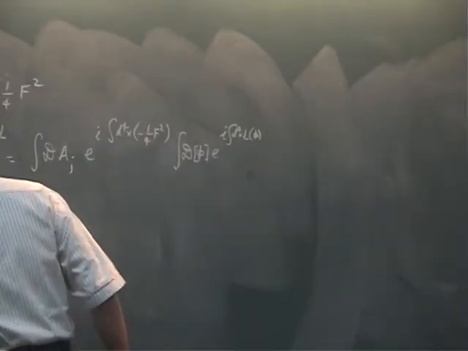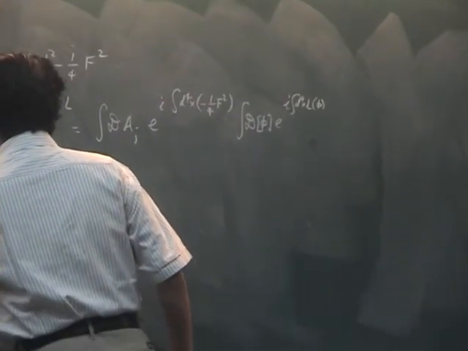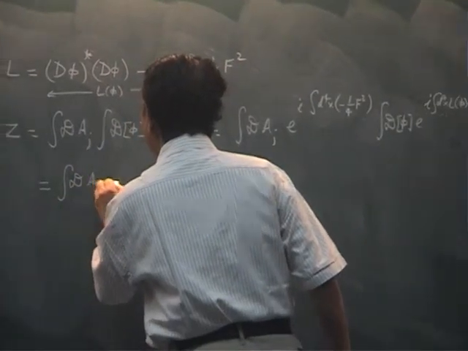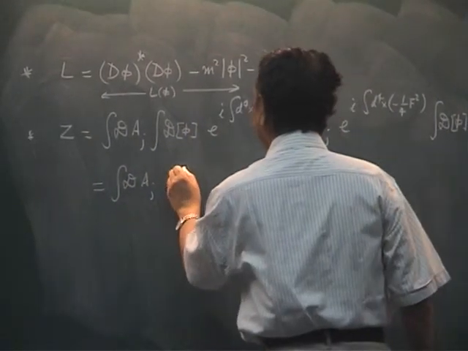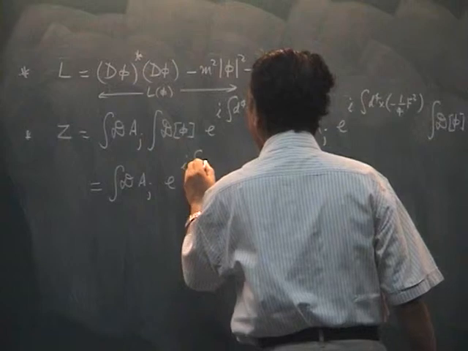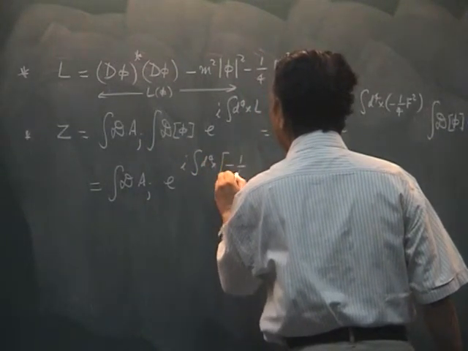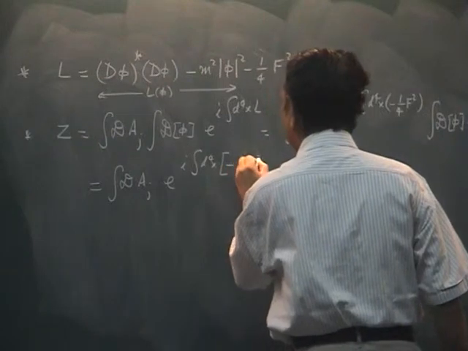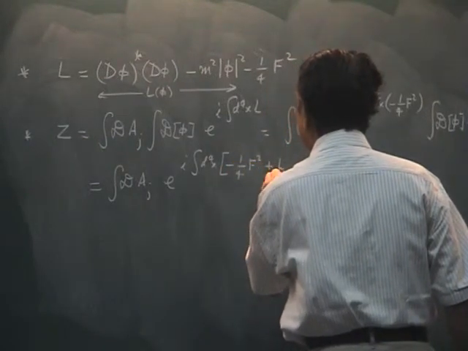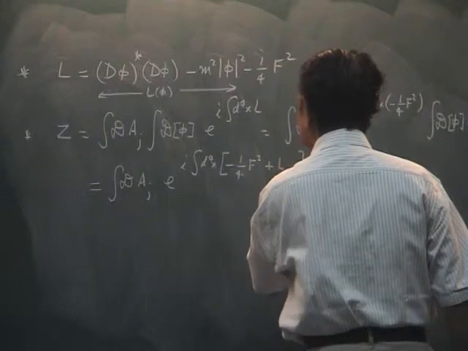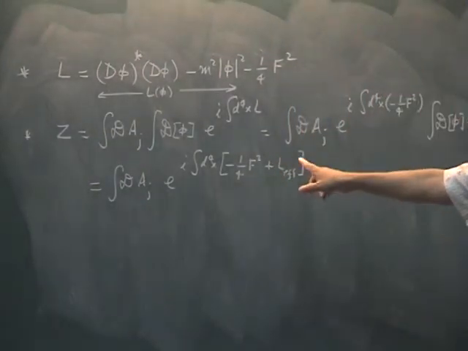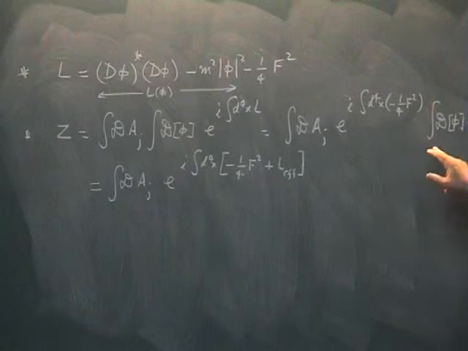So you will end up getting this as some dA_j e to the i integral d4x of minus 1/4 F squared plus some L effective. This e to the i integral d4x L effective is coming from this.